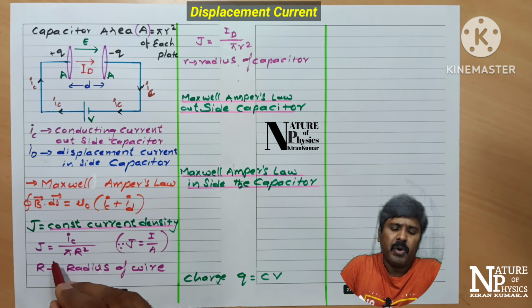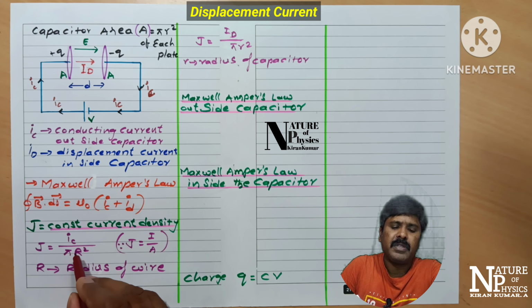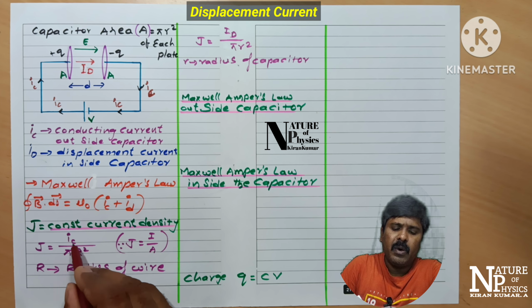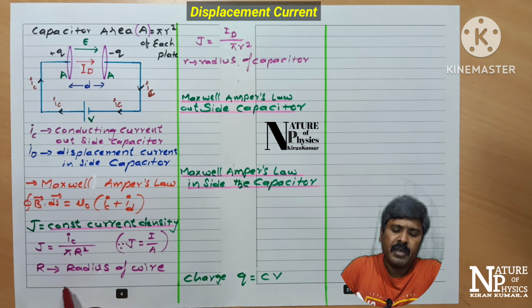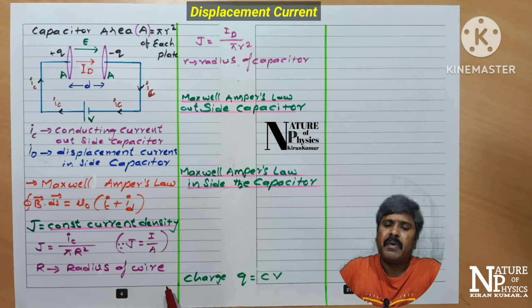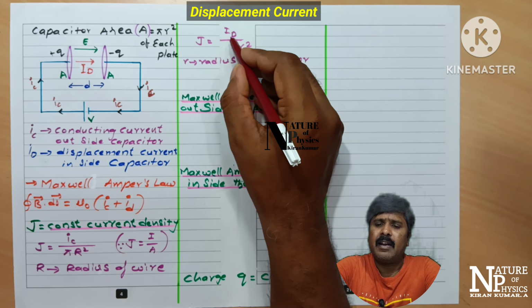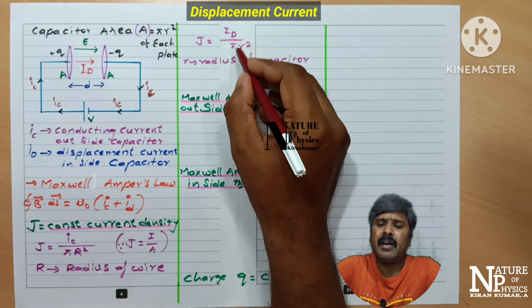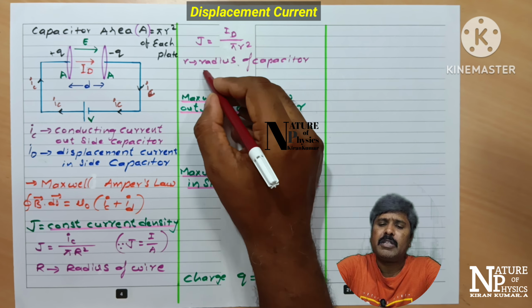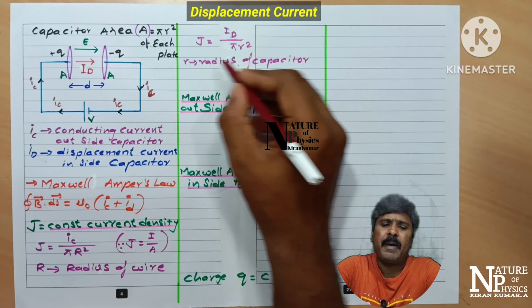First, I am going to write the equation for the conducting current outside the capacitor. J is equal to IC divided by pi capital R square, where R is the radius of the wire. For the capacitor, J is the displacement current divided by pi r square, where small r represents the radius of the capacitor plate.